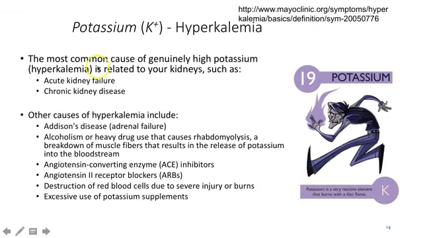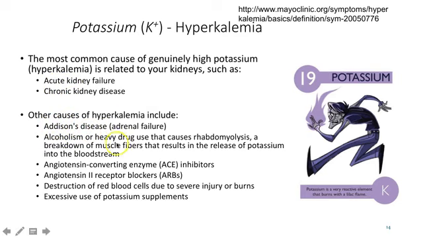Okay. Most common cause of true high potassium or hyperkalemia is related to your kidneys. So in either acute or chronic kidney failures. However, you can have it because of Addison's disease, where the adrenal gland is not producing aldosterone properly.